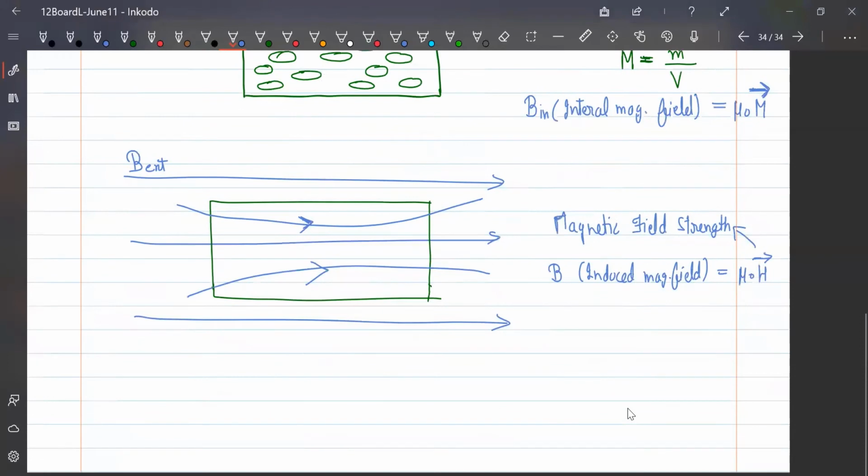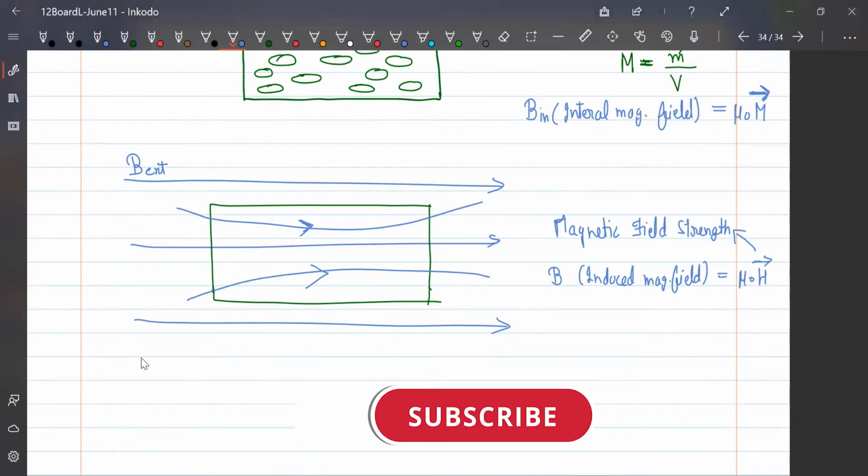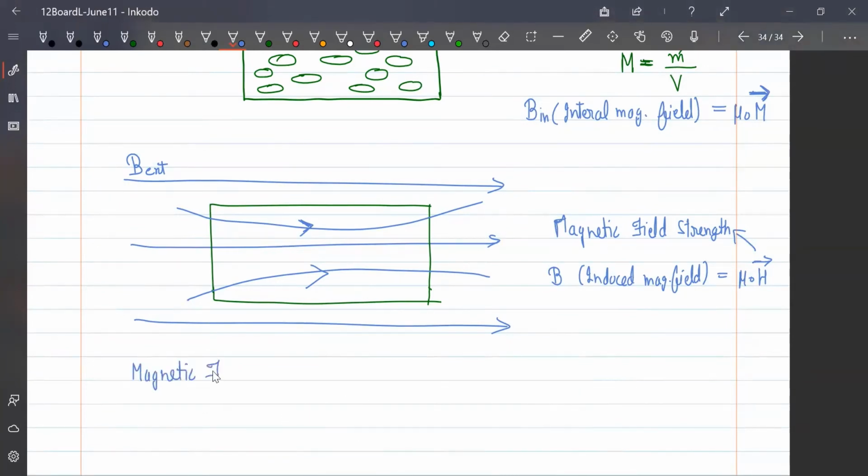तो अभी दोनों का जो सम होगा that will be net magnetic field. So the net magnetic field induction, इसको हम बोलते हैं magnetic field induction. Magnetic field induction, that is your net magnetic field. ये हो जाएगा इंटरनल वाला जो था प्लस इंड्यूस्ड वाला जो था मैग्नेटिक फील्ड, internal plus induced मिला के that will give you the net magnetic field. कितना होगा? That is magnetic field induction.